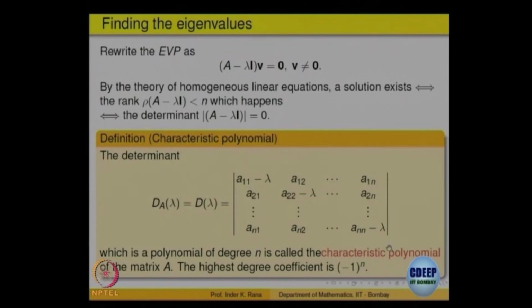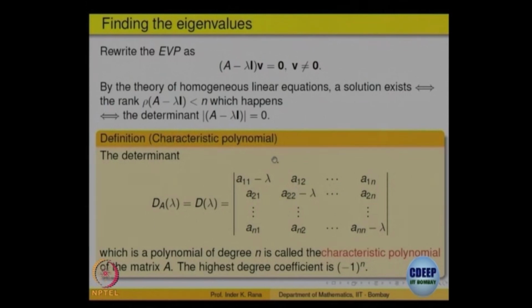So, the characteristic polynomial is called a polynomial because it actually turns out to be a polynomial, and it is characteristic of that matrix, it is a property of the matrix. Determinant of A minus lambda I is a polynomial of degree n, and what will be the coefficient of the highest term?